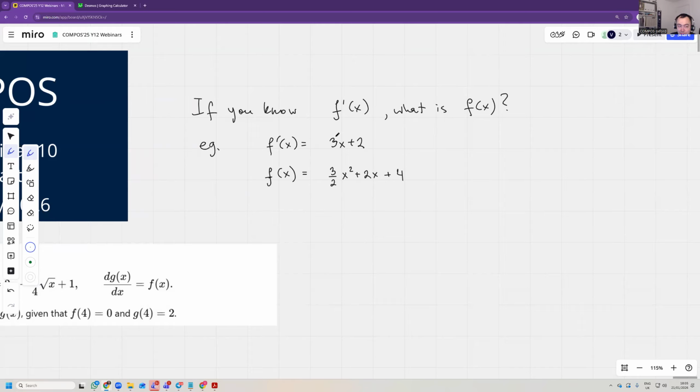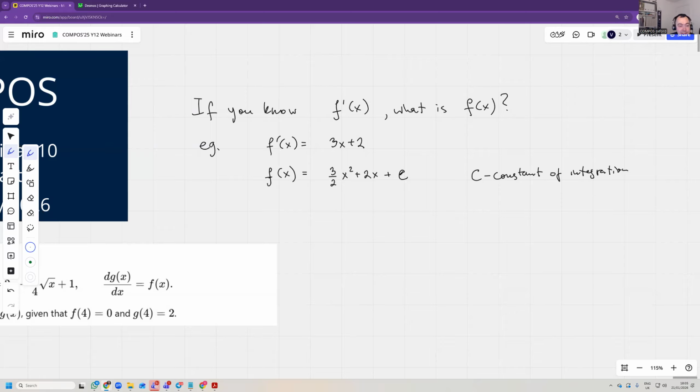So the derivative of this function is also 3x plus 2. So we call this the primitive function, or the antiderivative, and we say plus c, where c is known as the constant of integration.